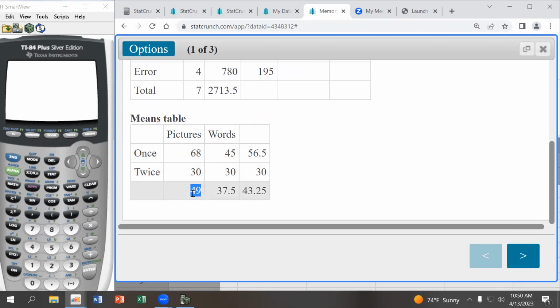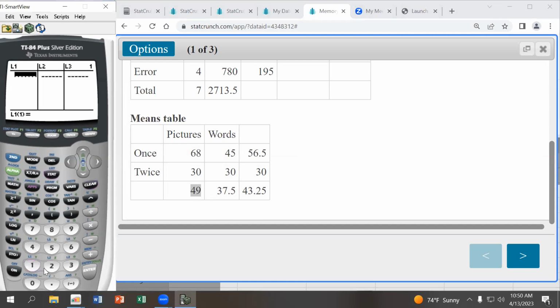So if I average those two, 49 and 37.5, what will I get? 86.5. If I average. Oh, not sum. The 43.25. So we can use multiple lists in the calculator, but let's just keep it simple. I'm going to enter the averages, 49, 37.5.